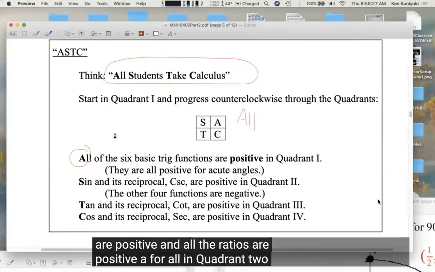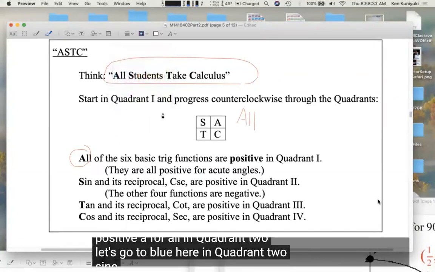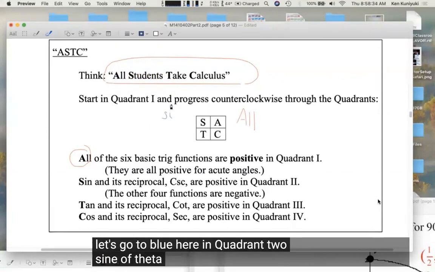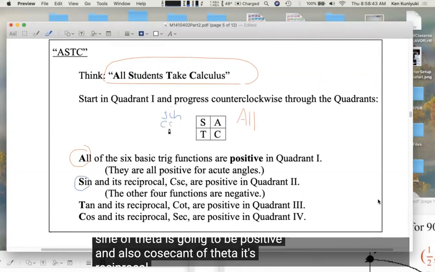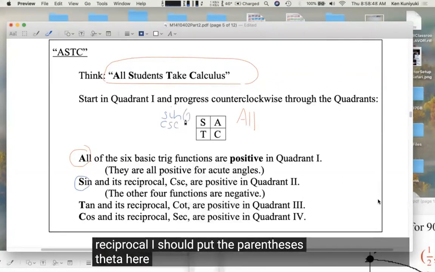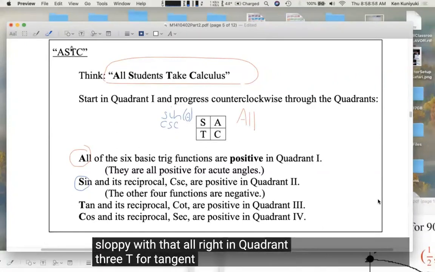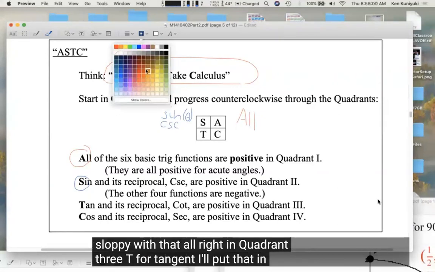In quadrant 2, let's go to blue here. In quadrant 2, sine of theta is going to be positive, and also cosecant of theta, its reciprocal. I should put the parentheses theta here, but I might be a little sloppy with that. All right. In quadrant 3, T for tangent. I'll put that in brown.